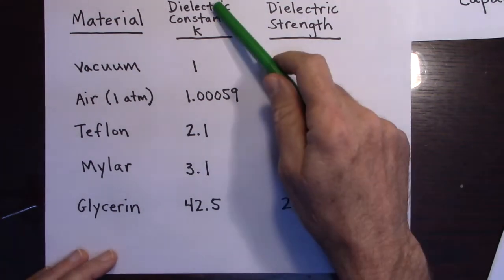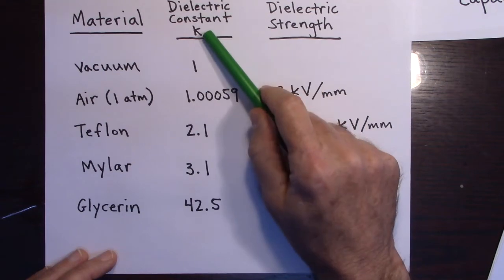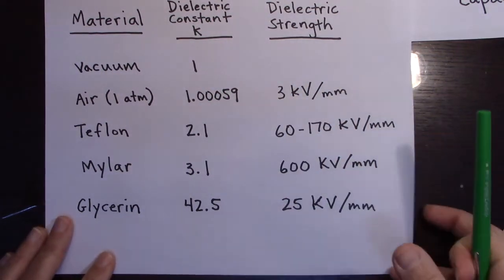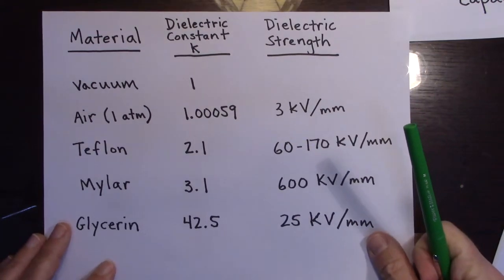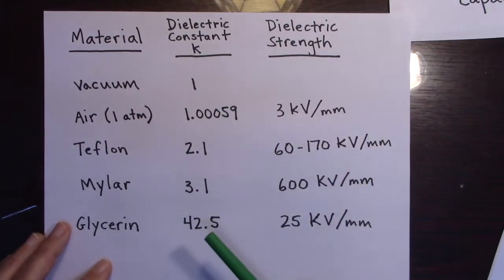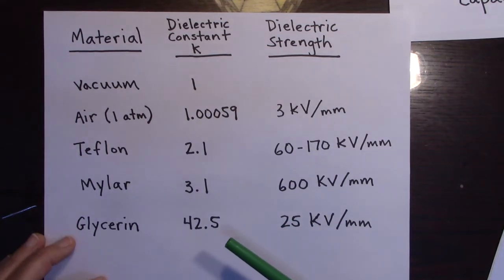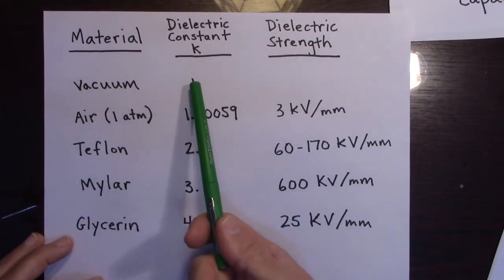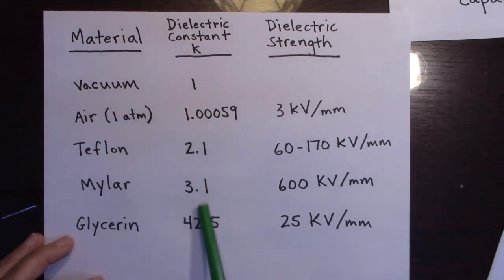So that's called the dielectric constant. You might think that's a K right there, but that's really a kappa. That dielectric constant tells you how much it multiplies the capacitance by. So if the vacuum is 1, anything else that's an insulator increases it from a vacuum.